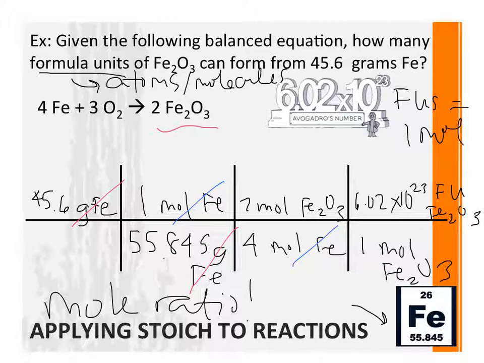Because the conversion factor involving Avogadro's number applies to atoms, molecules, etc., as long as you have 1 mole of the substance. So plugging that into our calculator and rounded to sig figs, our answer would be 2.46 times 10 to the 23rd formula units of iron(III) oxide.